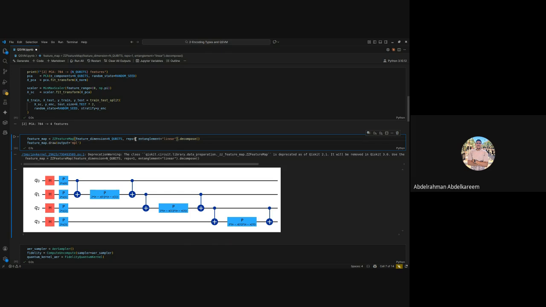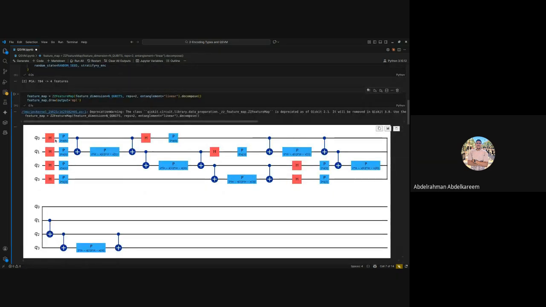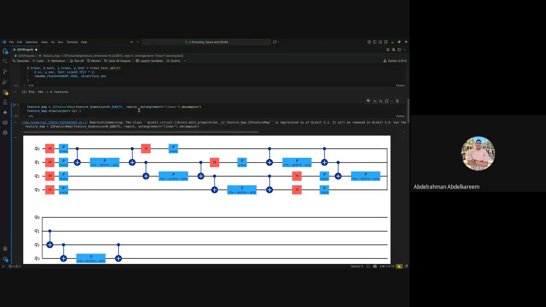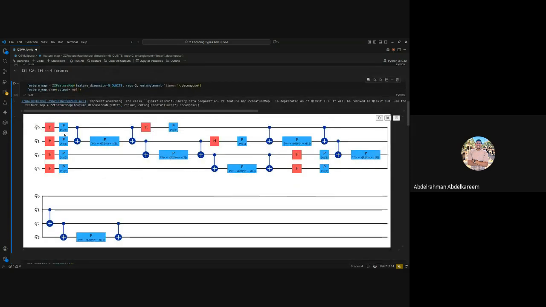Let's say I set 2 reps, so it will repeat the same encoding 2 times with the same gates. There is no barrier here. P here means the phase, or it's the same as the RZ gate.